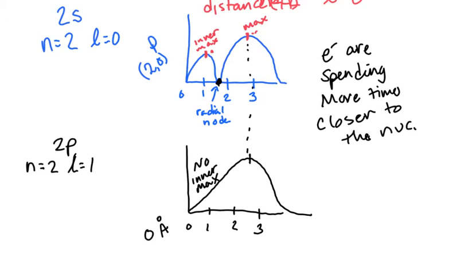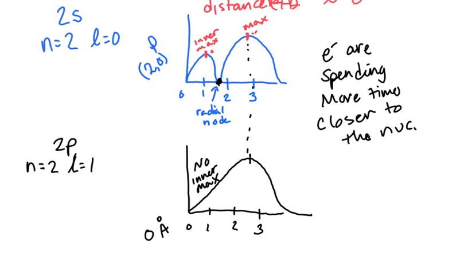So this is why we have to use a little bit more of a complicated equation when we're calculating z-effective, but that really shouldn't be something that you're dealing with too much. You mostly need to know the concept behind it.